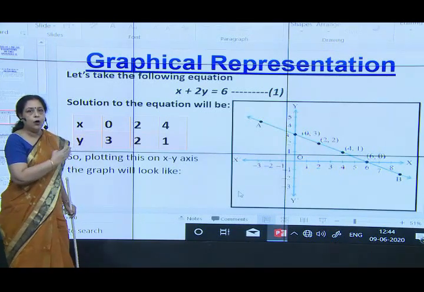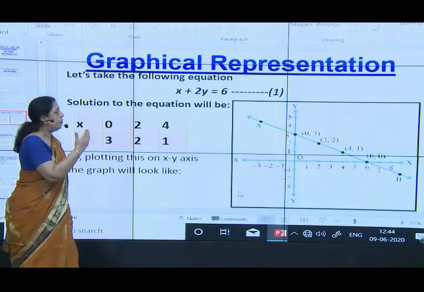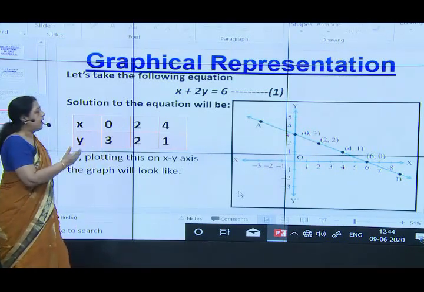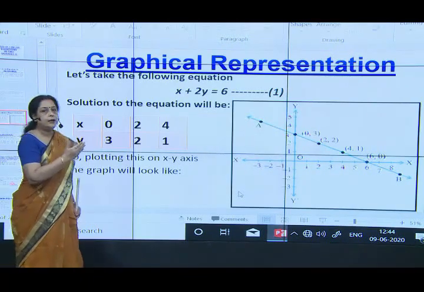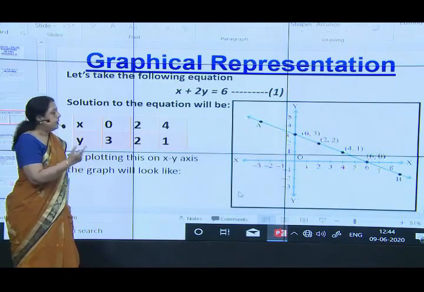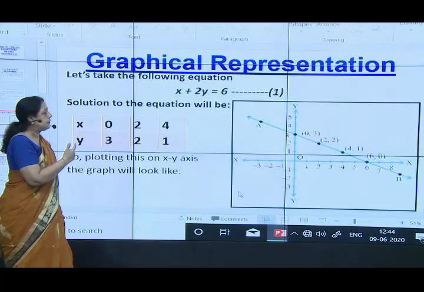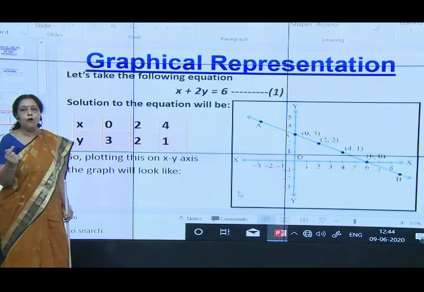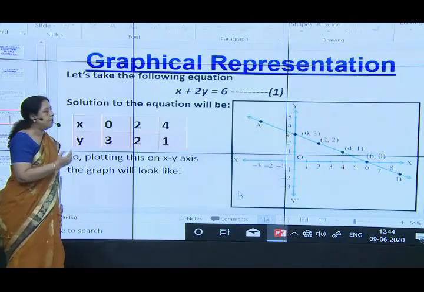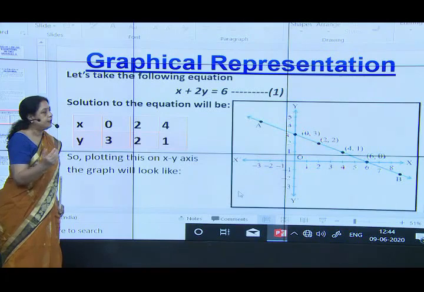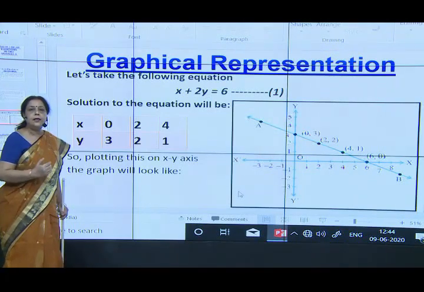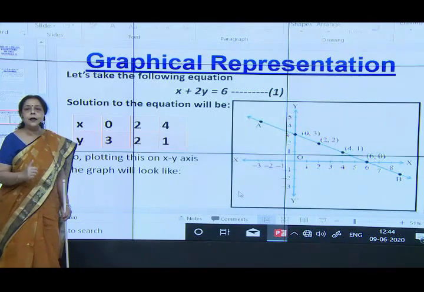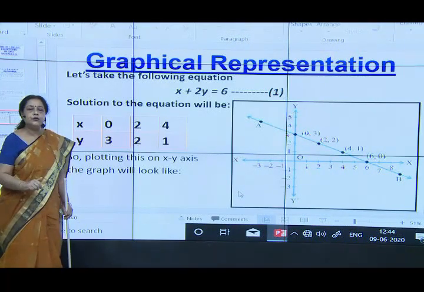If we plot these points on the coordinate axes, we get the straight line AB. Here we can see that a straight line is made up of an infinite number of points. Hence, a linear equation has infinitely many solutions.